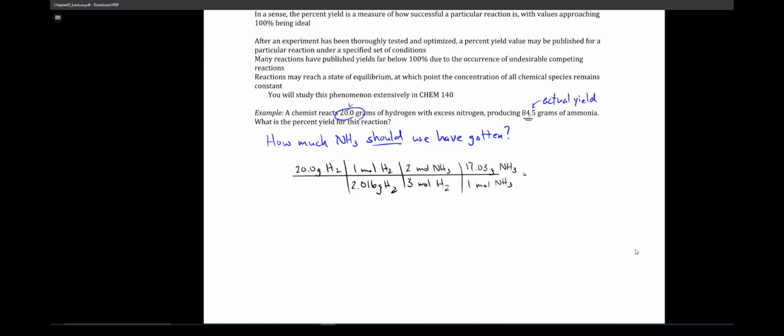So I've got 20 divided by 2.016 times 2 divided by 3 times 17.03 is 113. Okay. This, remember, is our perfect answer if everything went perfectly. So we call that the theoretical yield. Good.